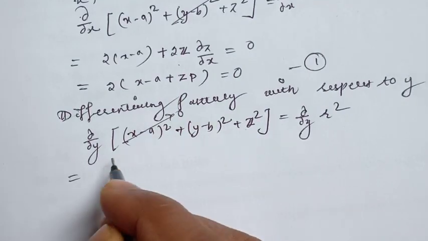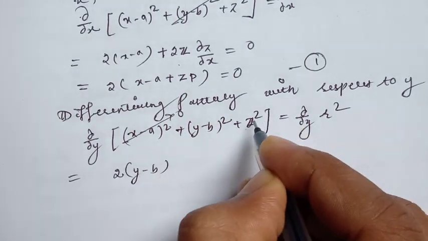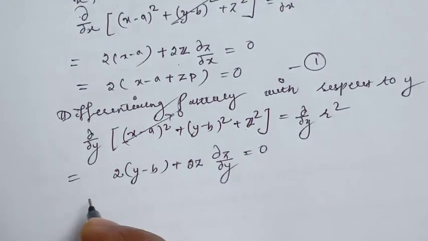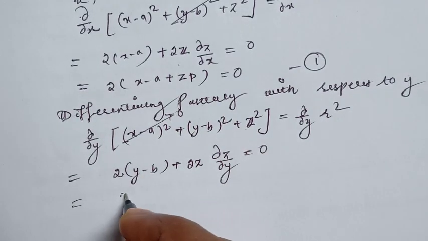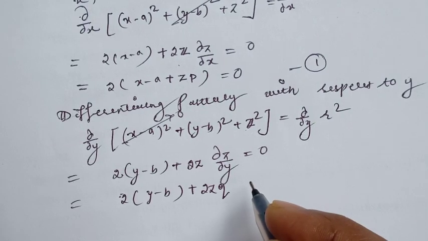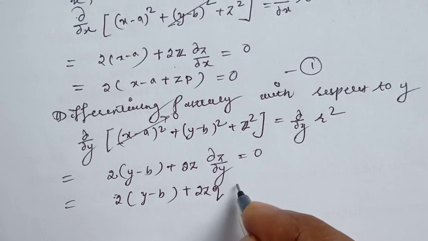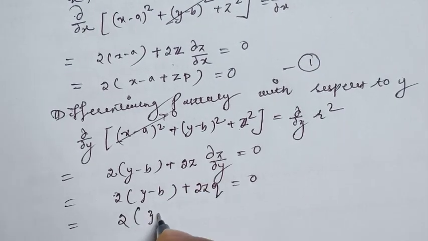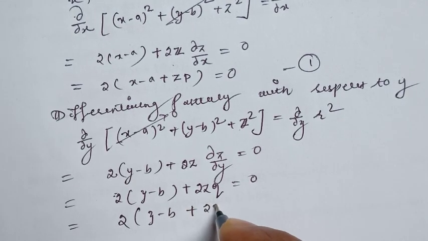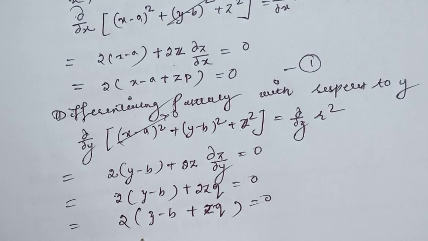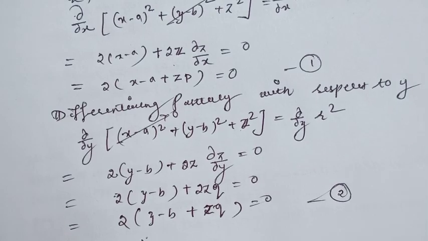The function of y gives 2(y − b), and z² gives 2z ∂z/∂y, which equals 0. Taking 2 common, (y − b) + zq equals 0. This will be equation number 2.